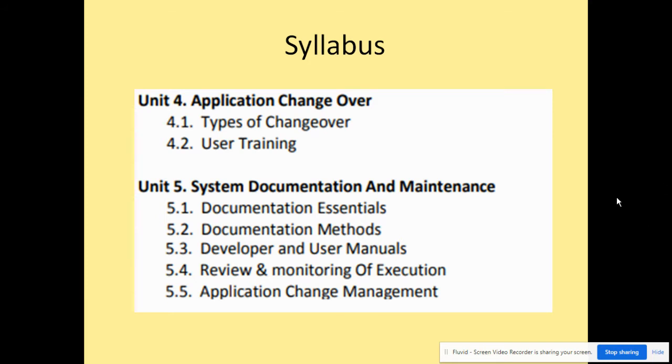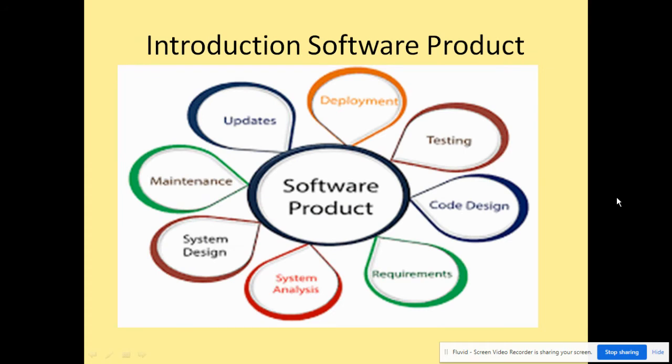Okay, let's discuss the introduction of software product. You already learned all the components of a software product in the previous semester, but let's discuss some points of each component. Let's start with the requirement.